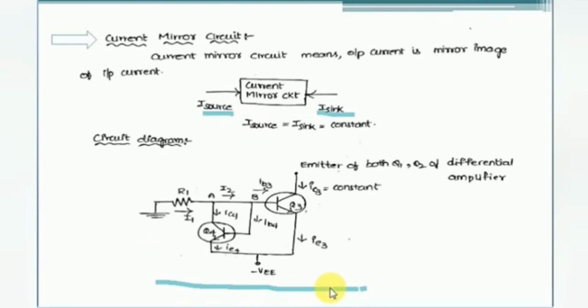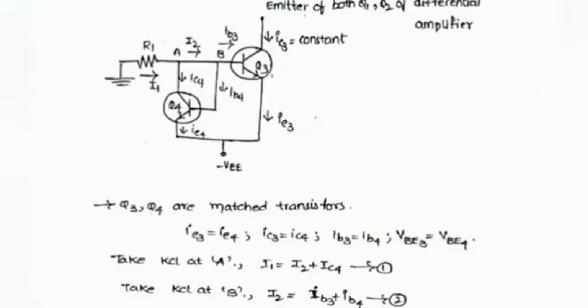Here we are assuming that the transistors Q3 and Q4 have matched parameters. Matched parameters in the sense that they have the same gain value, same operating voltage value and same operating point. So in this current mirror circuit we have to find out whether the I1 value and IC3 value are constant or not.